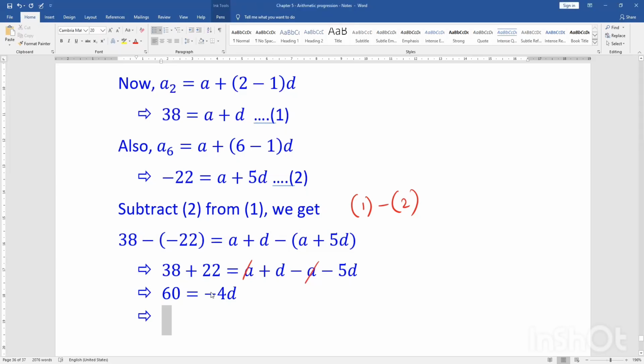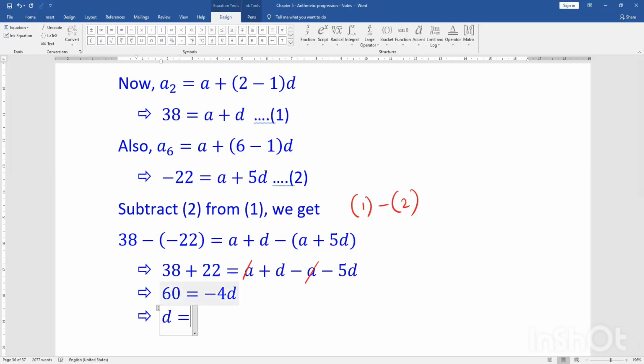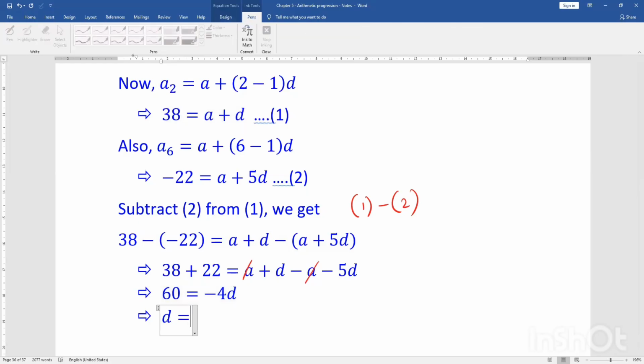And then D is equal to, so 4 and 60 you can cancel directly if you want. So 4 ones are 4, 4 15s are 60. So that means you get D is equal to minus 15. So minus 15, right?